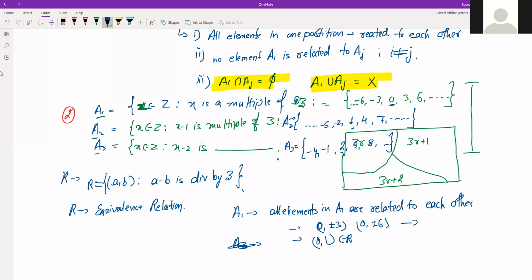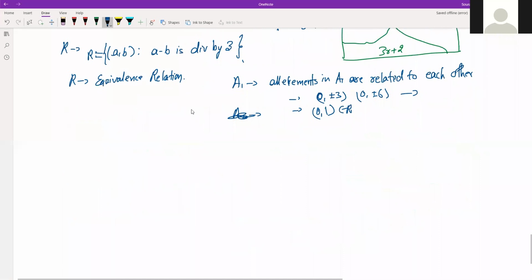And obviously the third condition, that A1, A2 and A3 are disjoint sets, which we have already seen here. So now these three different sets, A1, A2 and A3, are the partitions of set Z under relation R.